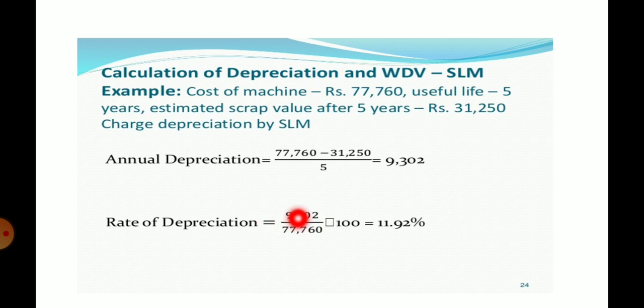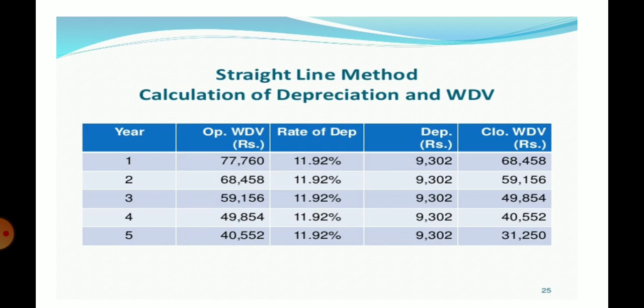And now the rate of depreciation: annual depreciation divided by cost of machinery into 100. So this is the method, and you have to put every piece of information in the formula, and here is your answer. Every year we have to charge only this, and the amount will be the same as on original cost.